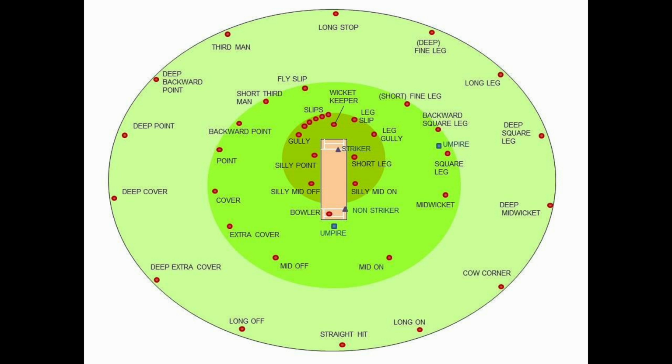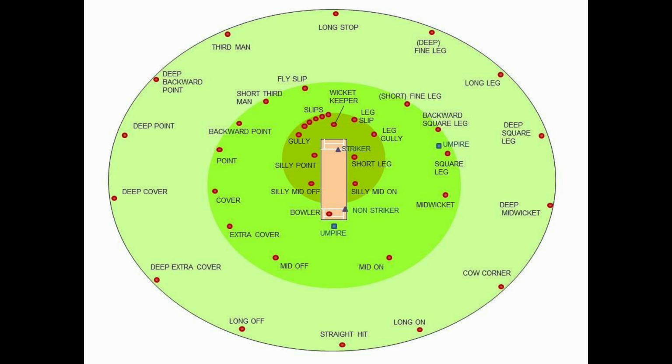In the last 20-ish years, they've started to do that so that teams couldn't put everyone on the boundary from over number one and be like, yep, you can't score any boundaries. You can get a bunch of twos, and that's it. So they would limit the number of players you could have outside that ring.